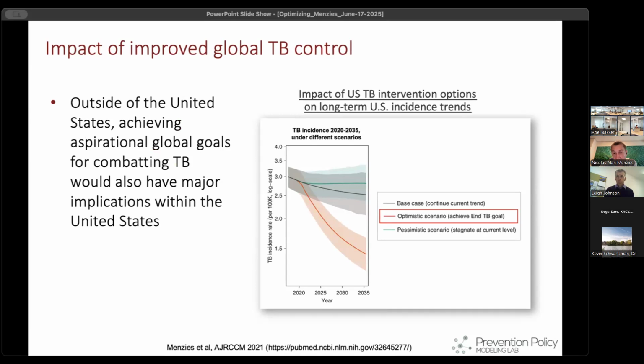This analysis started in around 2020. This End TB strategy scenario is this orange line.